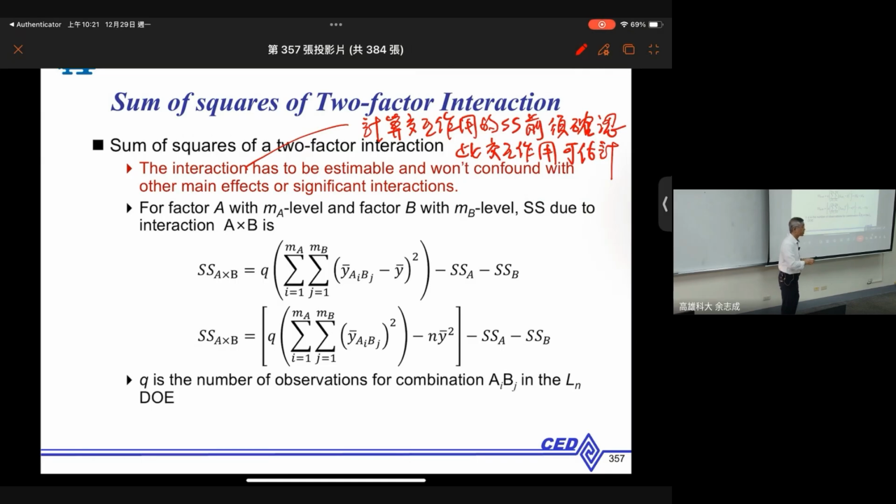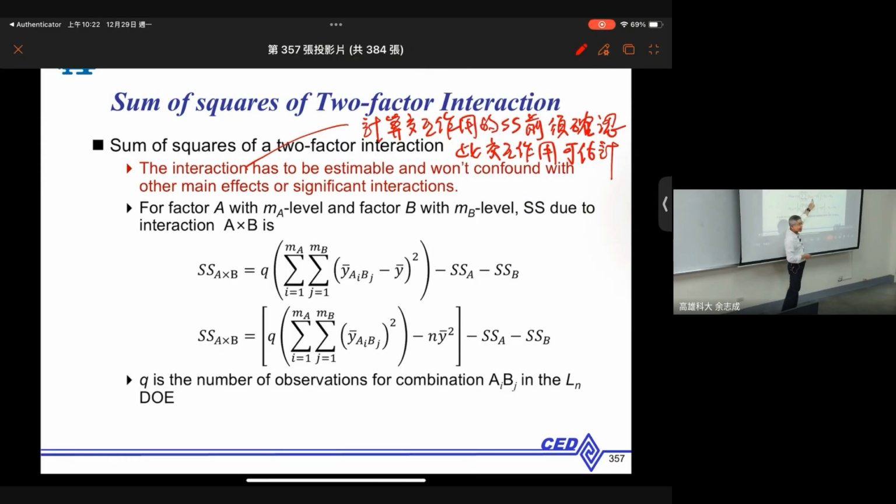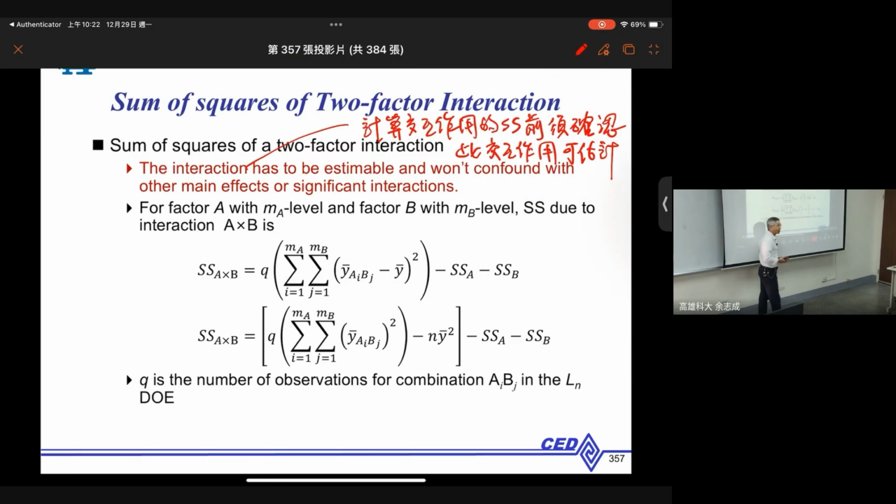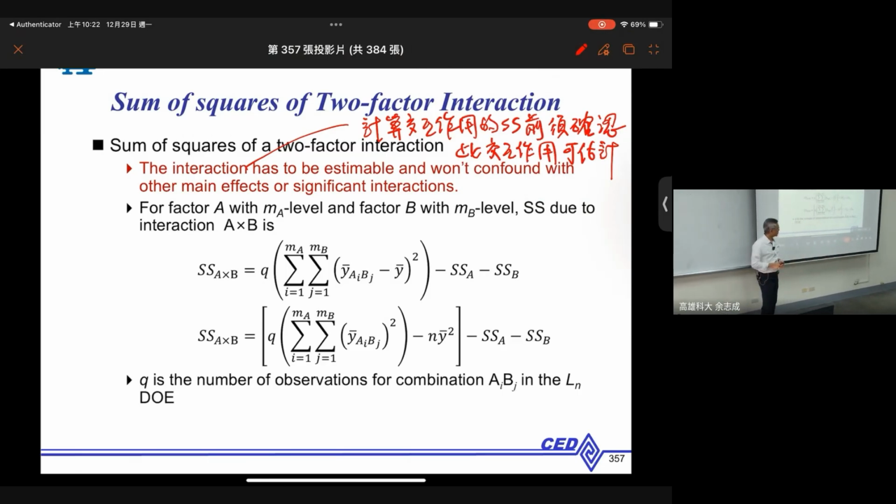This difference is due to the combination of A and B. And you sum up all the interaction effects and multiply by the repeated number when you calculate the average of this combination. And this has to subtract the sum square due to the original A and B. The difference will be the interaction sum square.